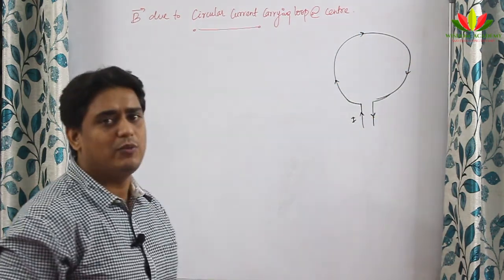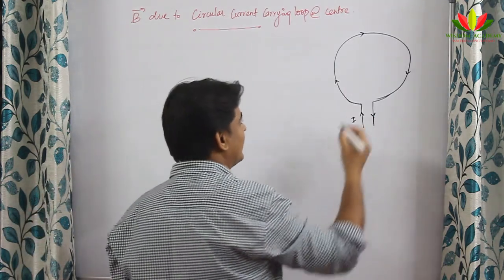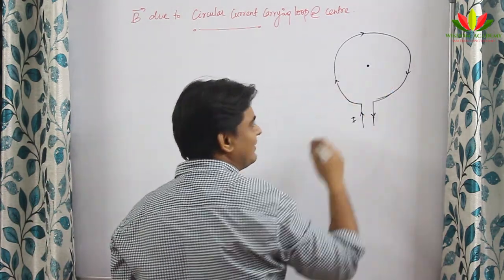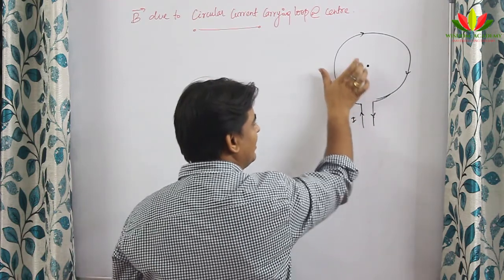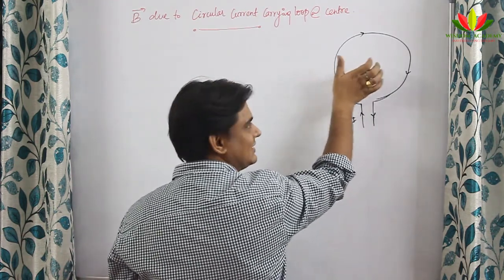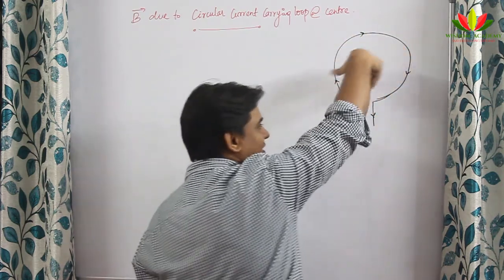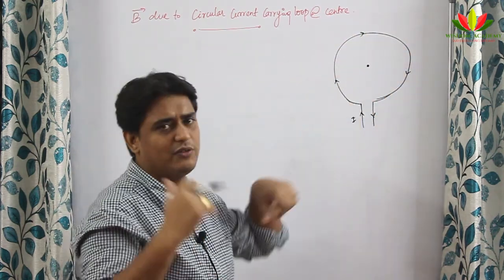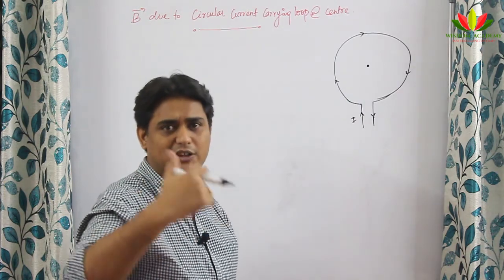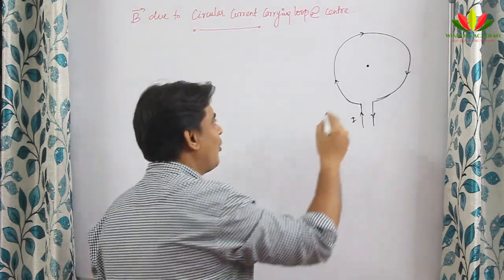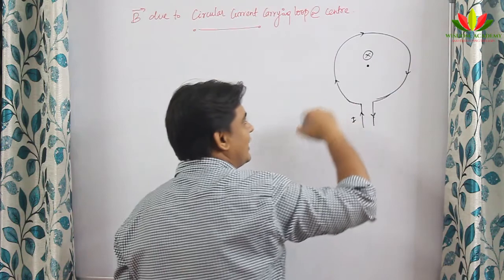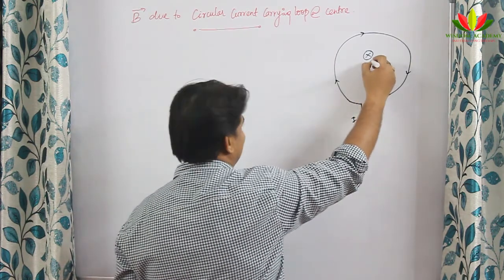So I want to find the nature of magnetic field, magnitude and direction, at the center. Direction we can say very directly, because if you hold this wire in your hand, it is towards inside the plane of the paper. Here also it is inside. Here also it is inside. So any direction if you take, hold the wire and point the direction of current as your thumb, then the 4 fingers will point inwards. So direction of magnetic field at this point O is inward.